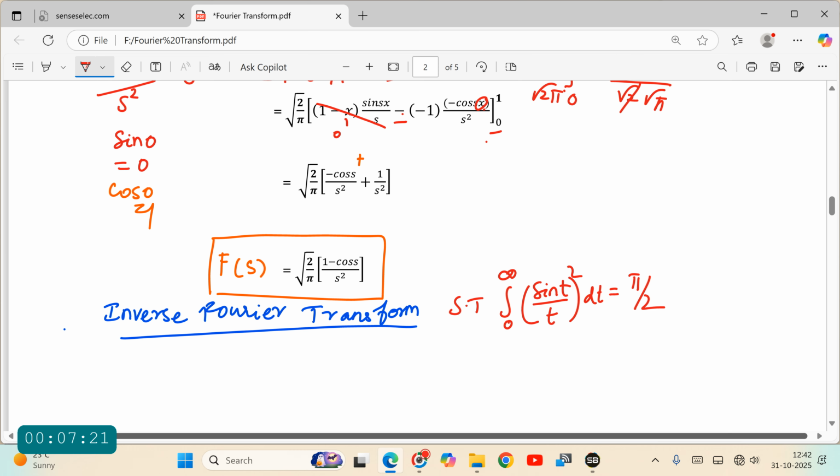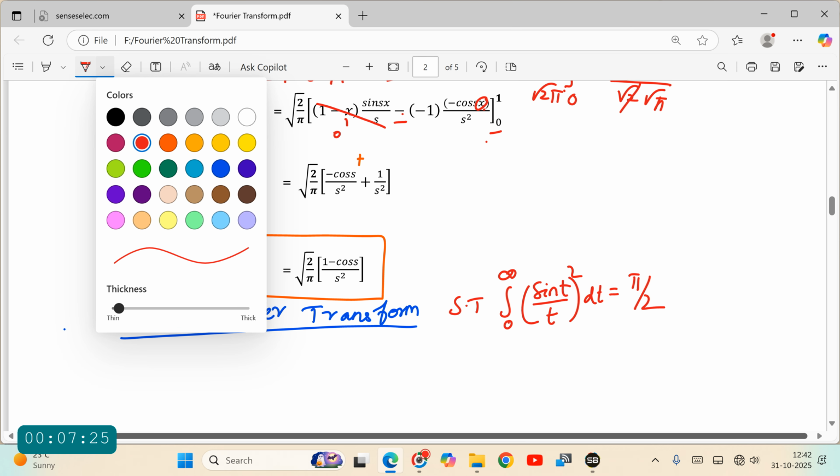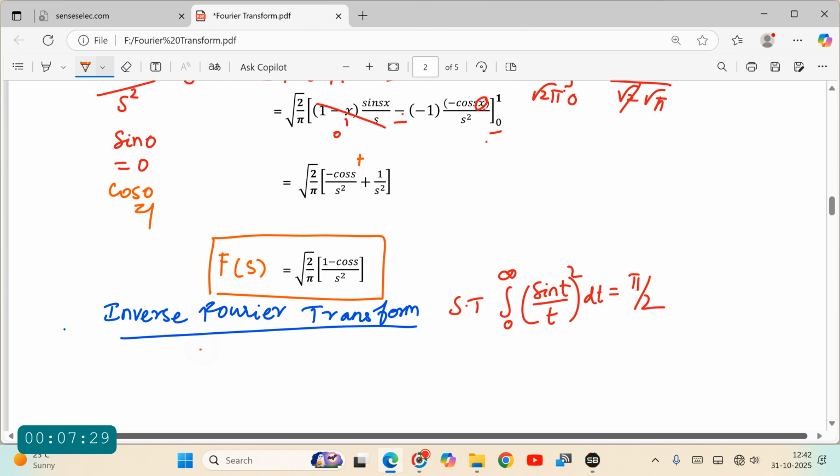To prove it, first take the formula for the Fourier transform. The formula starts from small f of x, which equals 1 by root 2 pi integral from minus infinity to plus infinity of capital F of s e power minus isx ds.